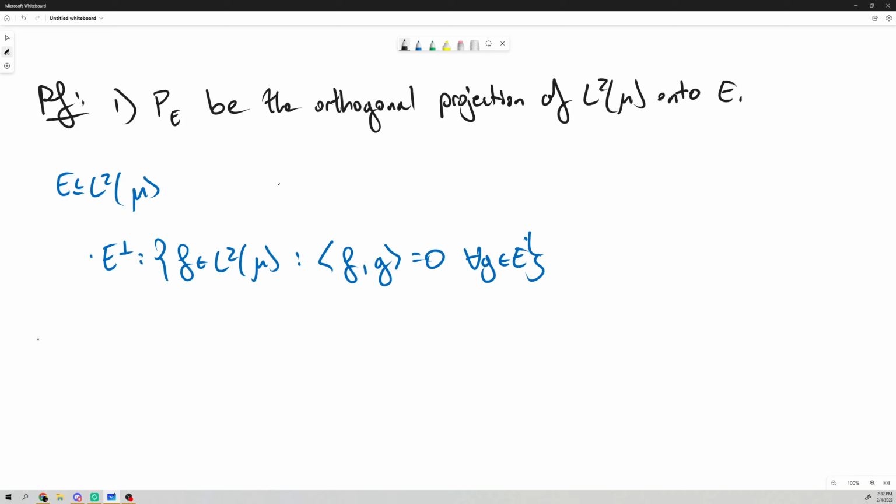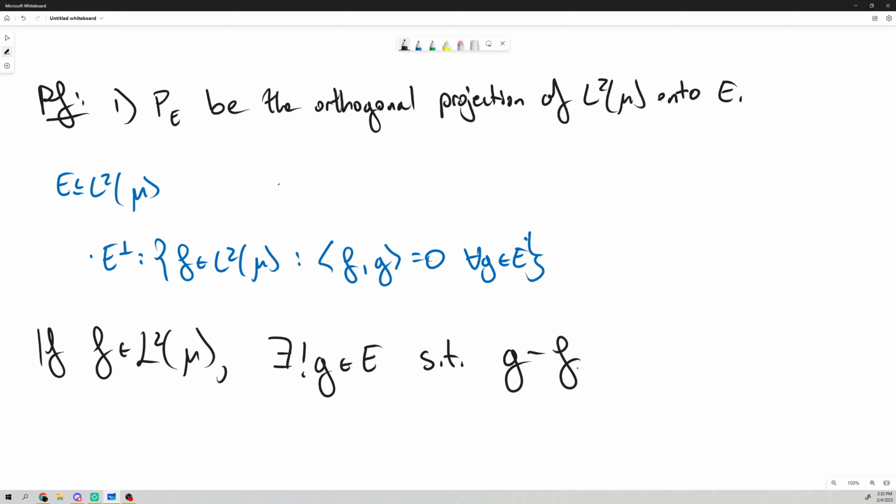Now, if I have f in L2 mu, by a theorem in functional analysis, there exists a unique g in E such that g minus f is in the orthogonal complement of E. And this g is called the orthogonal projection of f onto E. So our orthogonal projection of L2 mu onto E is made up of these points.